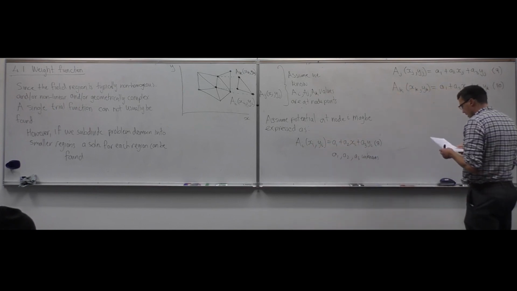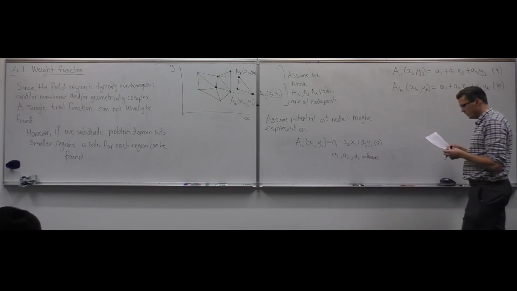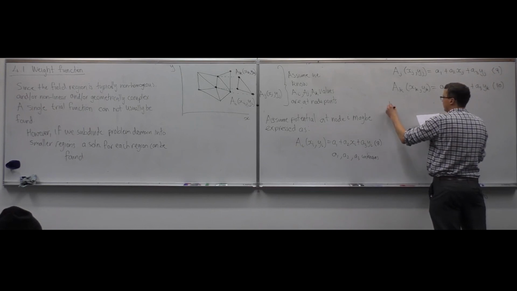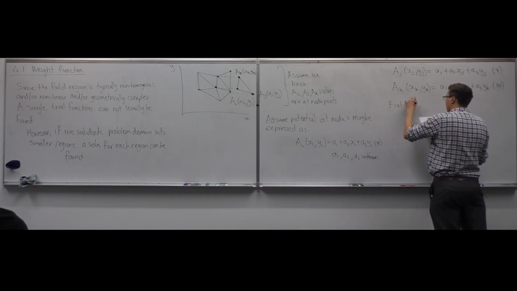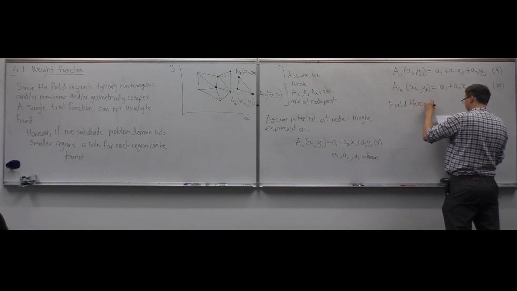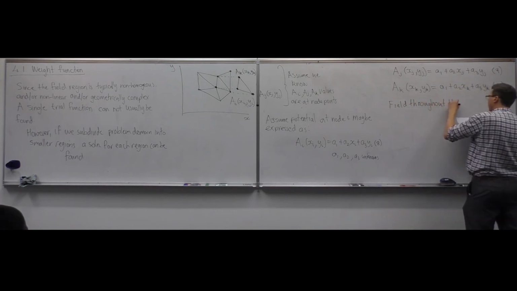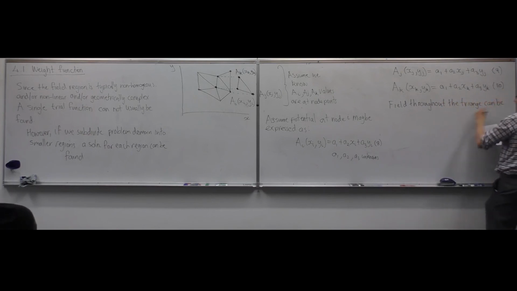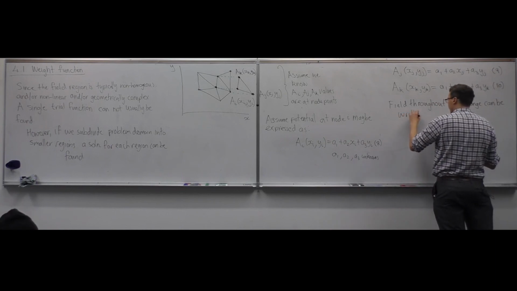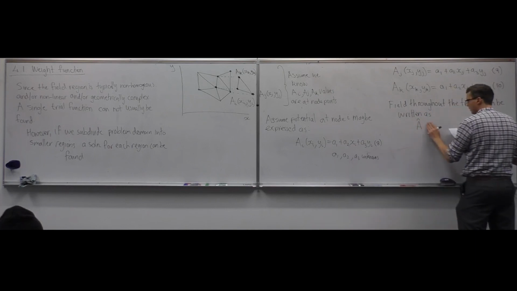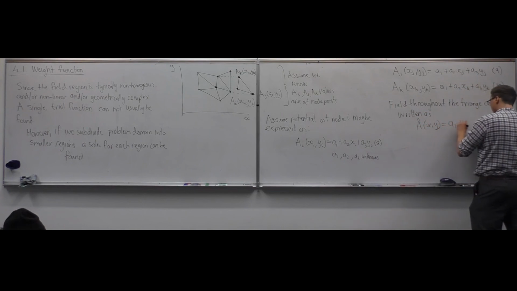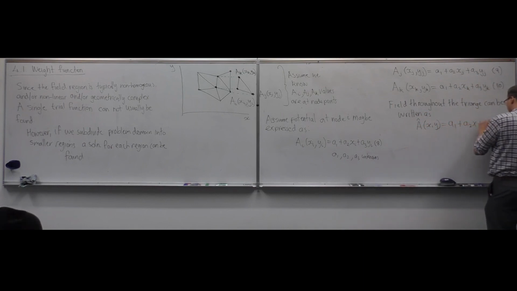Okay, just assume that, and then what we could say, maybe I should have said this to begin with, is that the field throughout the triangle can be written as A hat. So this is our trial function inside the triangle, is equal to A1 plus A2x plus A3y.